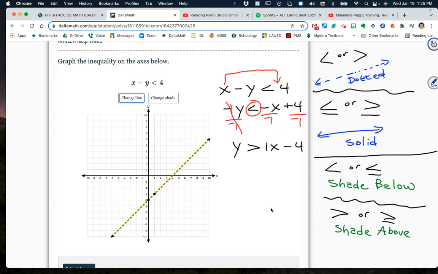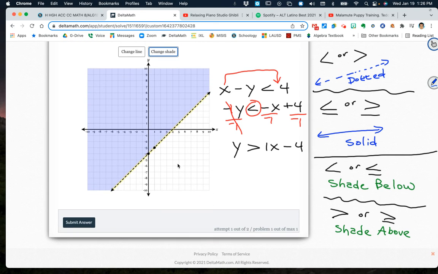So this is above. And again, always imagine you're that little ant going left to right. Above is on top of you there. So we want to shade this side. Okay? And that is all we need there. Give it a try.